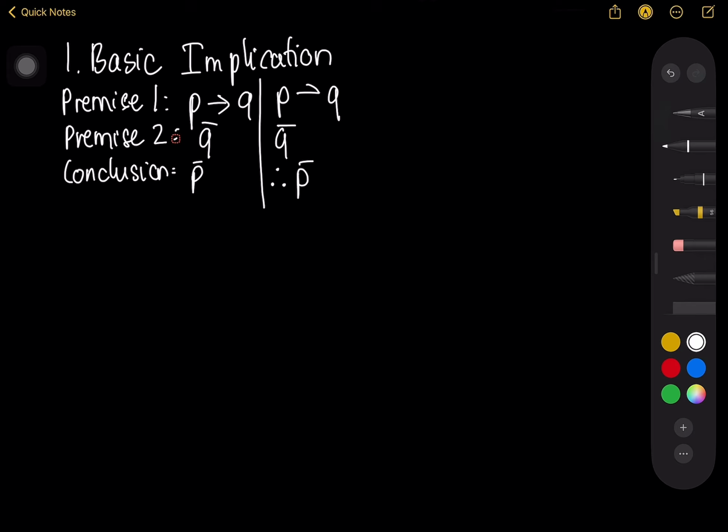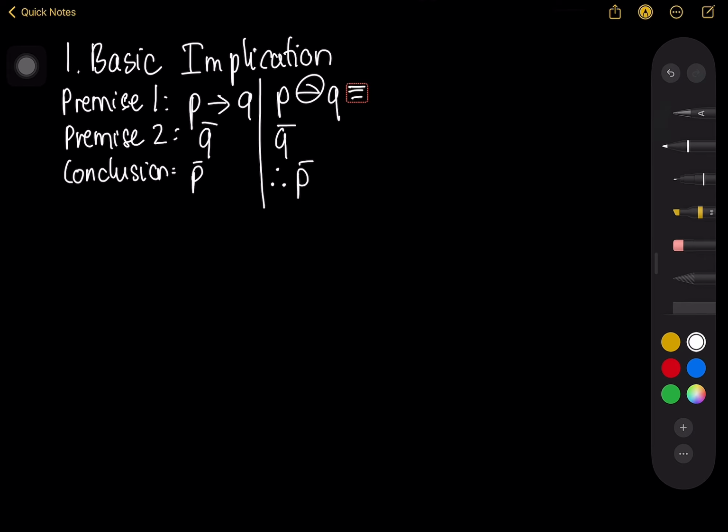Okay, so first we are going to convert everything, both the conclusion and the premises, into a form that includes only and/or. So we have the conditional statement over here, and we're going to convert it into a statement that includes only and/or.